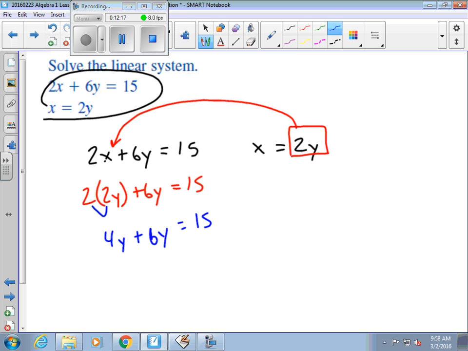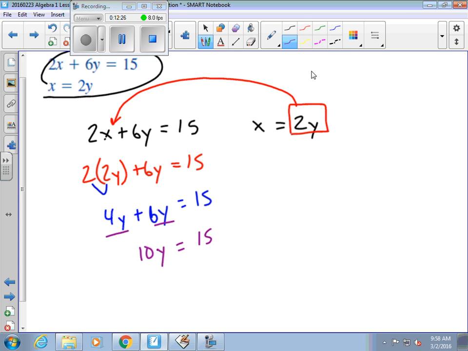When you put 4y and 6y together, you can combine those like terms and get 10y equals 15. And then you can get y by itself by dividing by 10 on both sides. y then equals, the number 5 goes into both of these. It goes into 15 three times and into 10 twice.